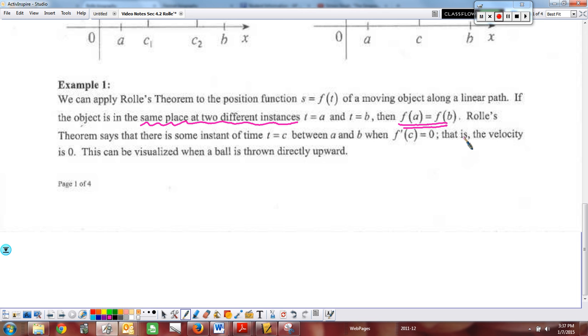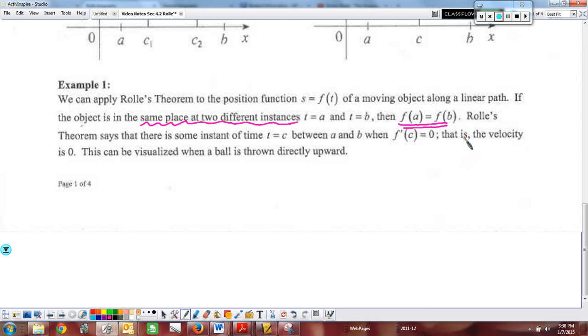And we also know that it's going to have to be differentiable as well, because when you're looking at the rate that the object is moving at, it's not going to have a vertical tangent line, because you have to have some speed. You can't be infinitely fast.